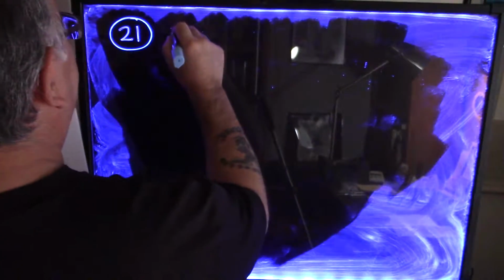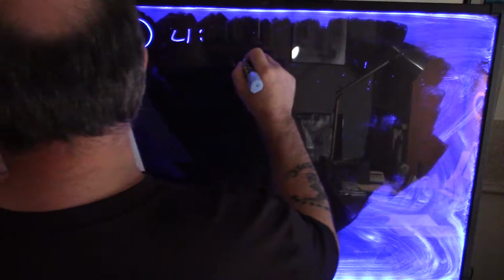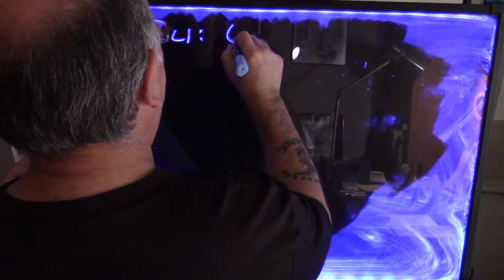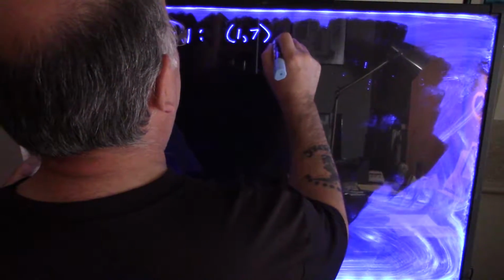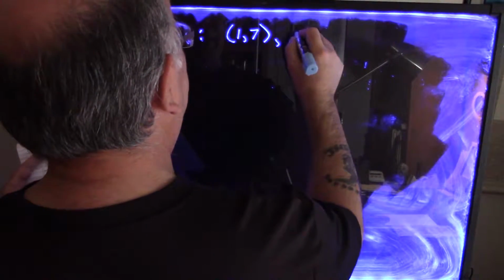Okay, number 21. We have line 1, let's call it L1, passes through 1, 7 and 5, 5.